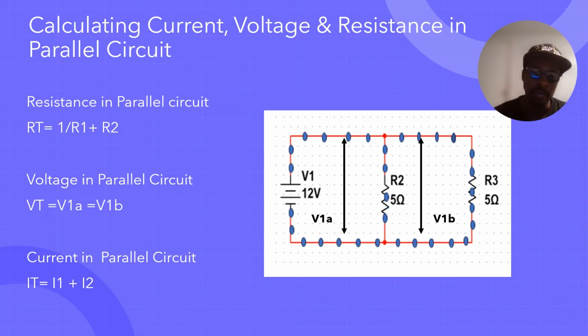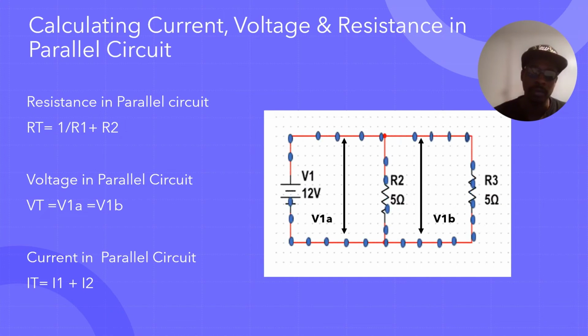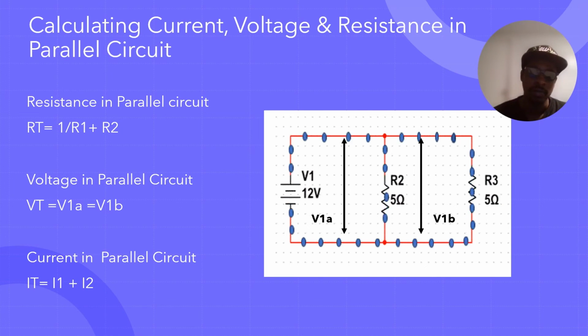And in determining voltage in a parallel circuit, the total voltage supplied by the source is going to be equivalent to that across each branch within that circuit. So in this case, V1 would equal V1A and V1B.